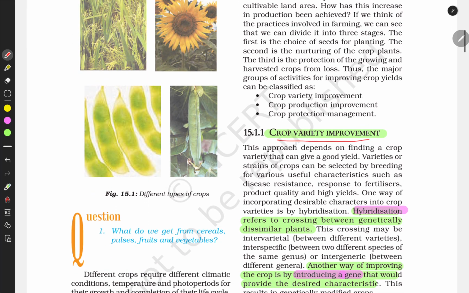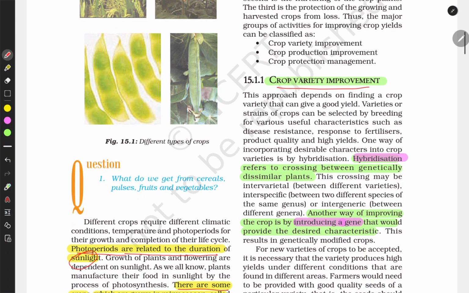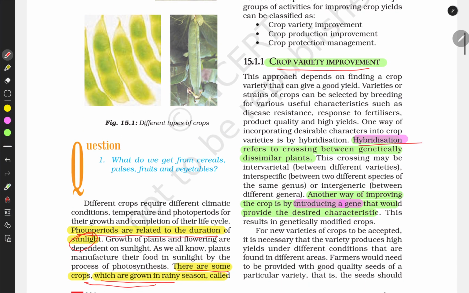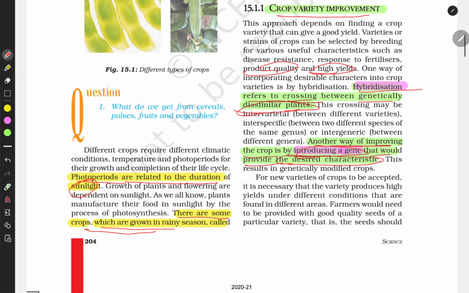And crop variety improvement. What is hybridization? Hybridization refers to crossing between genetically dissimilar plants, done to improve crop quality and yield. Another way of improving the crop is by introducing a gene that would provide a desirable characteristic.